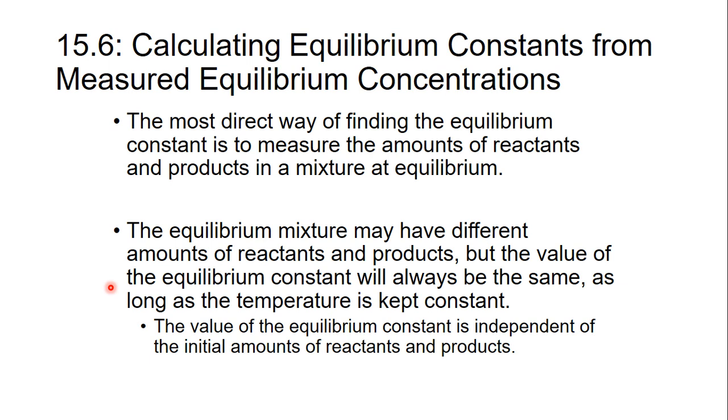Even though for different reactions or different trials of the same reaction, you might have different amounts of products and reactants, that does not matter. The thing to keep in mind is that for a particular reaction at a particular temperature, the equilibrium constant is always the same. It does not matter what you start with. At equilibrium, you will always get the same ratio.